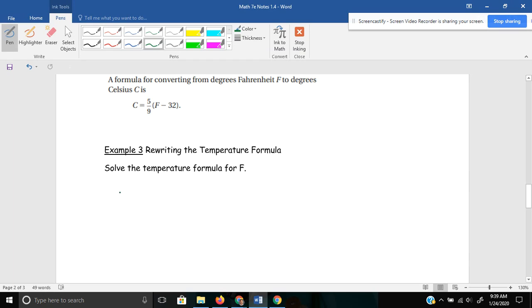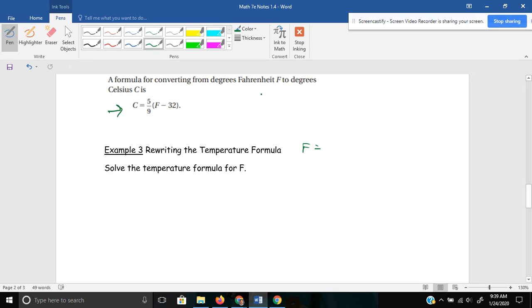What we want to do in example 3 is solve the formula for Fahrenheit. So here's what we start with: C equals 5/9 times F minus 32. In the end it says F equals.